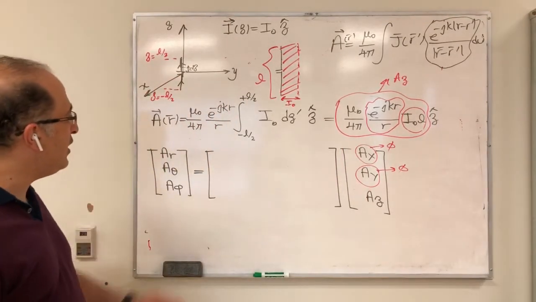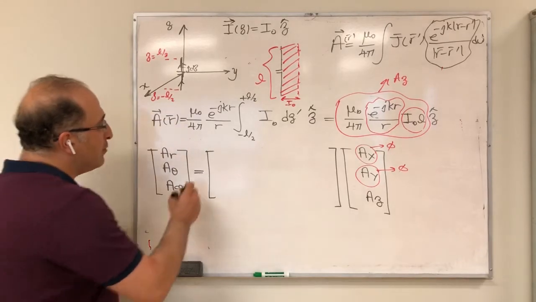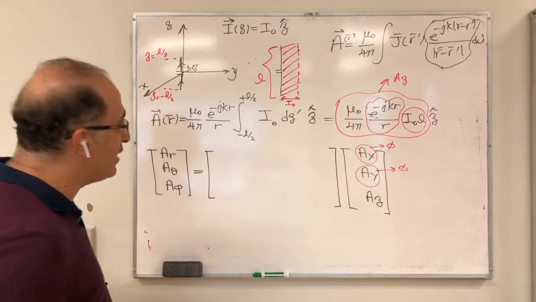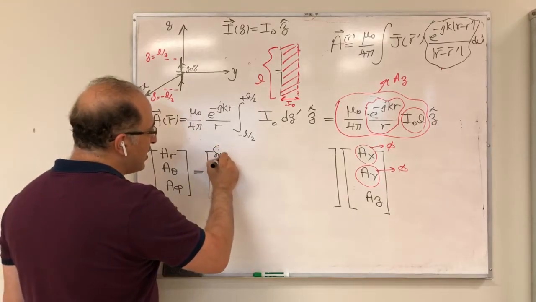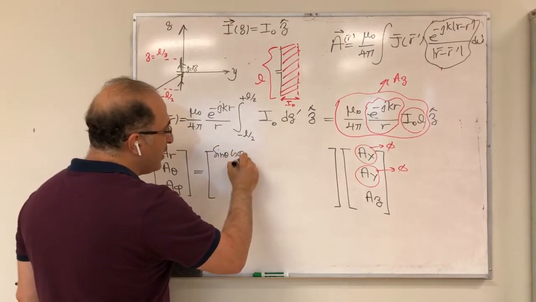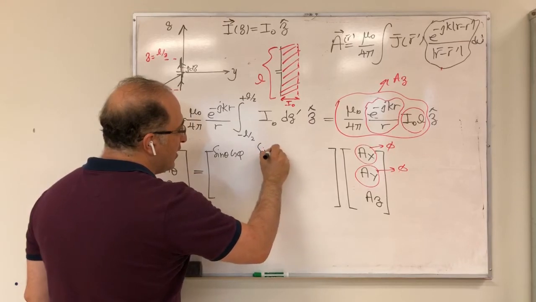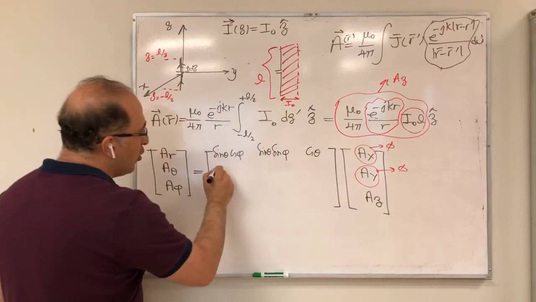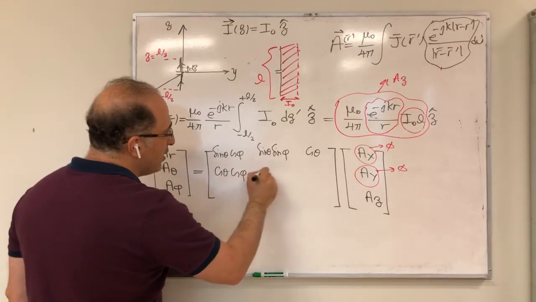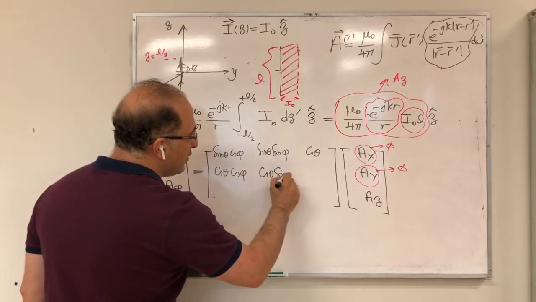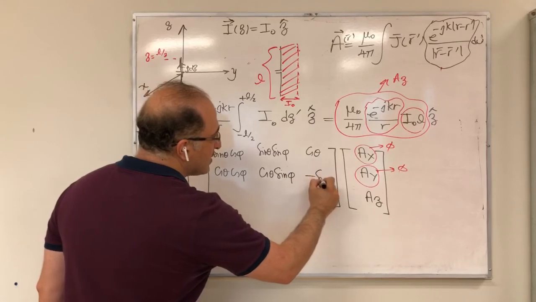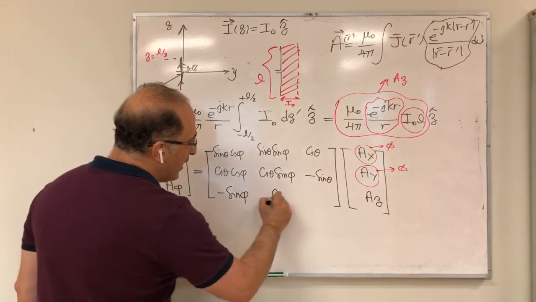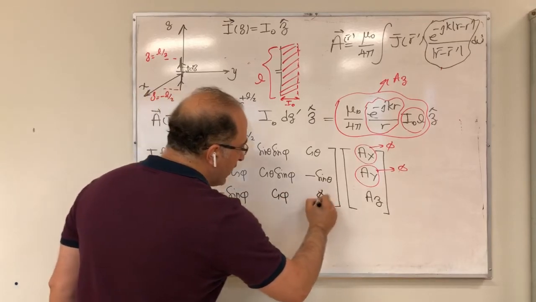Now, let me have my matrix here. My matrix, of course, is in terms of the angles theta and phi. So that becomes: sine theta cos phi, sine theta sine phi, cos theta; cos theta cos phi, cos theta sine phi, minus sine theta; minus sine phi, cos phi, and 0.